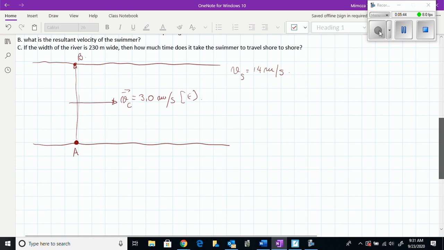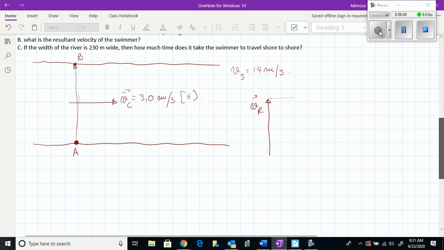So the vector diagram will be something like this. The resultant velocity, we want it to end up straight north.